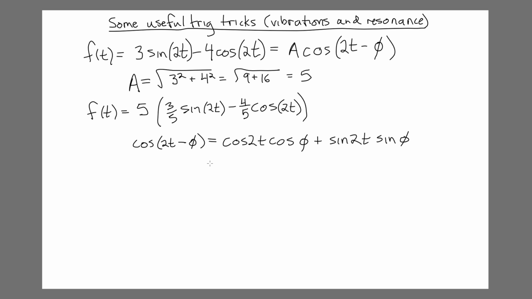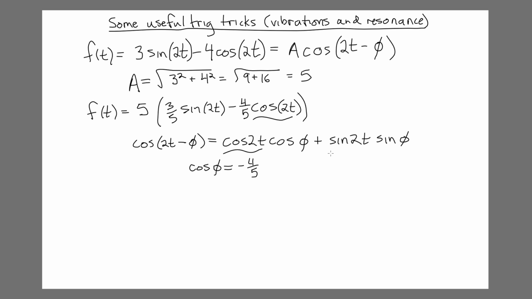And now I have to try and match the pieces in the brackets to the thing on the right-hand side to determine what phi is. So you'll notice the cosine expression here has a cosine phi here, but a minus 4 over 5 here. So that means we have to find a phi value so that cosine of phi is equal to minus 4 over 5.